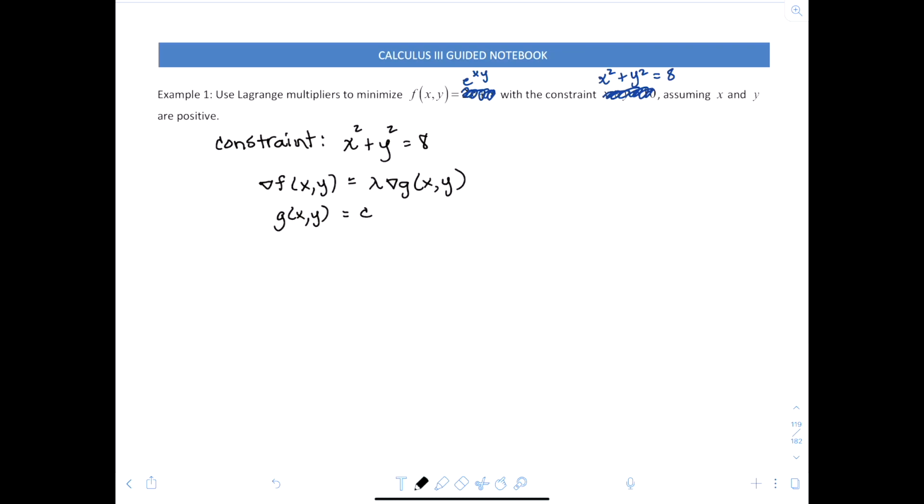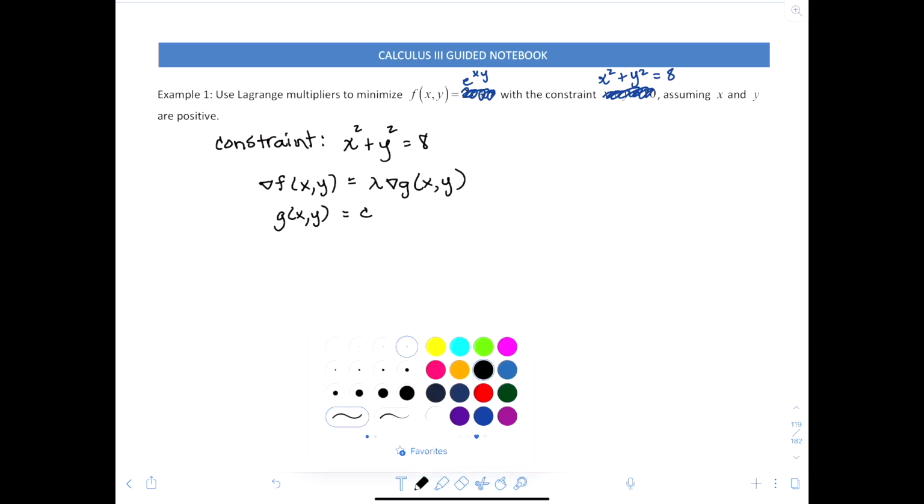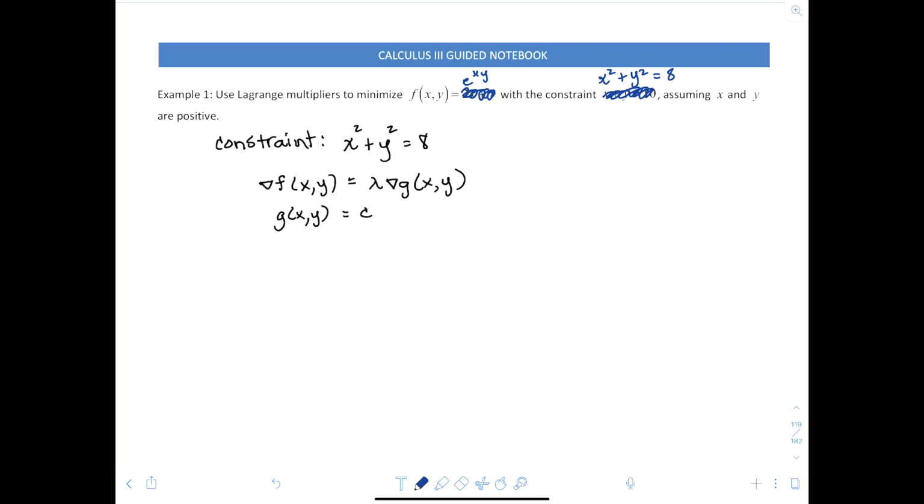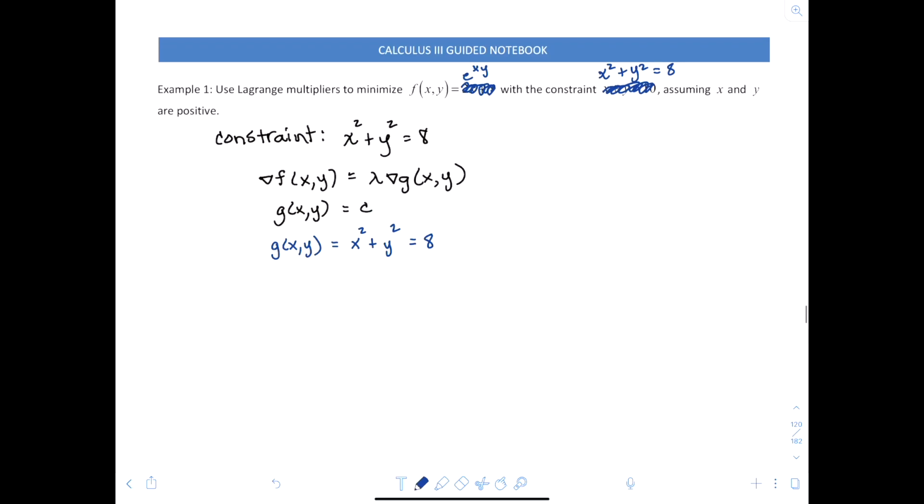Let's see what we have going on. Our g(x, y) is equal to x squared plus y squared, and again, that in turn has to be equal to 8.